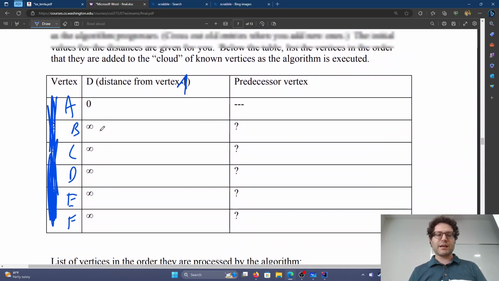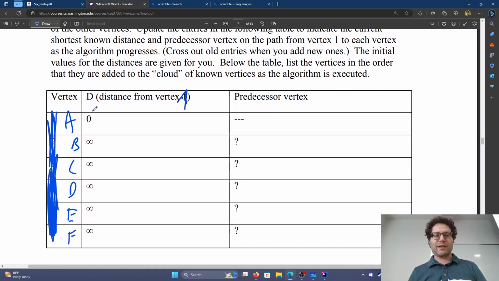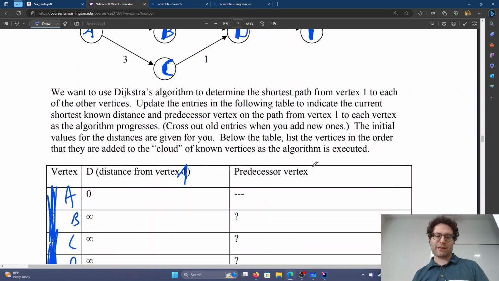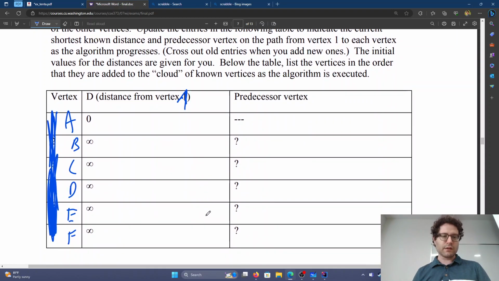So initially, your starting node A is 0, and everything else is infinity. And then your predecessor you can either put A or nothing for A, and then you have nothing as your predecessor for everything else. So you can either initialize it, but why bother? I'm going to do it the same way as everything else, which is I look in the distance for the node with the cheapest distance, the closest node.